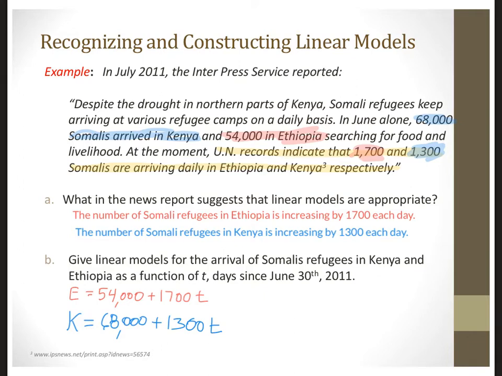Comparing these two models, we can see that Kenya starts off with a higher number of refugees than Ethiopia, but the refugee population is growing much more rapidly in Ethiopia than in Kenya. A very natural question to ask would be, is there some point in time when the number of Somali refugees in Ethiopia and Kenya are going to be the same? That's what we'll take a look at on the next slide.